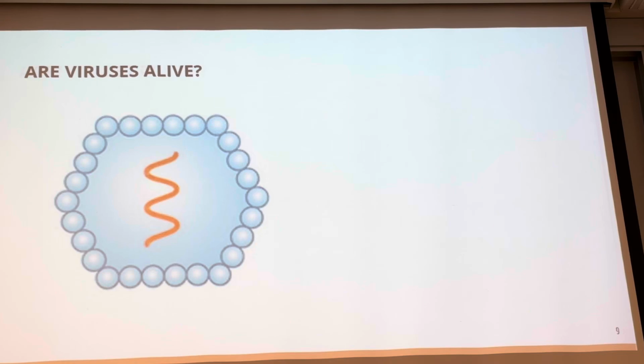Don't biologists define life as being able to replicate without the aid of another organism? I'll show you the official definition. By the official definition, no. But that's true of a lot of organisms as well.